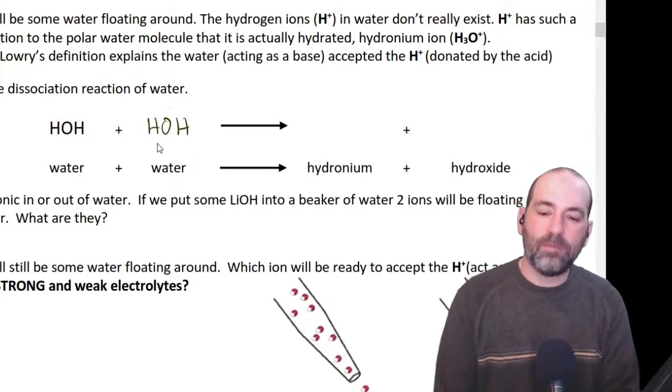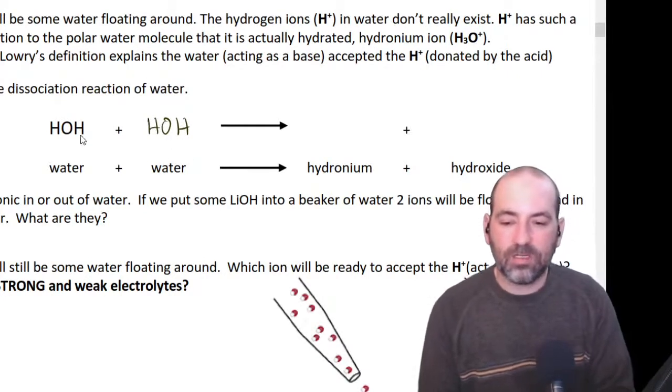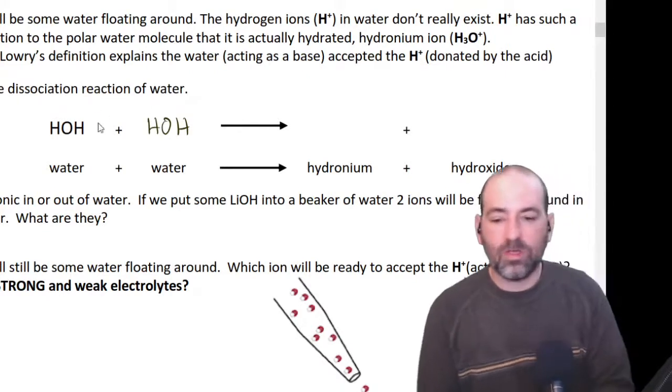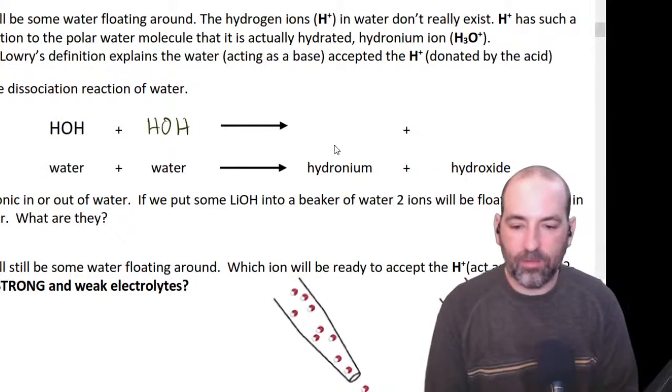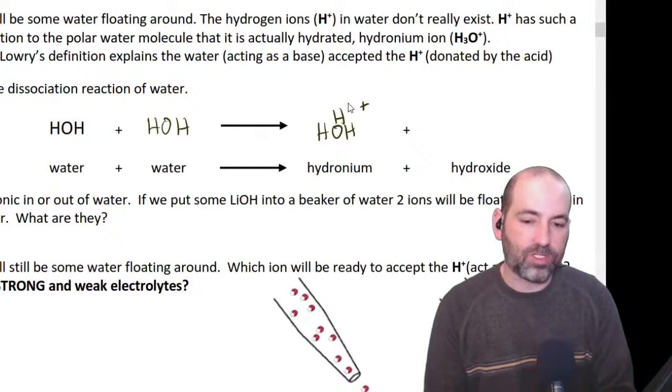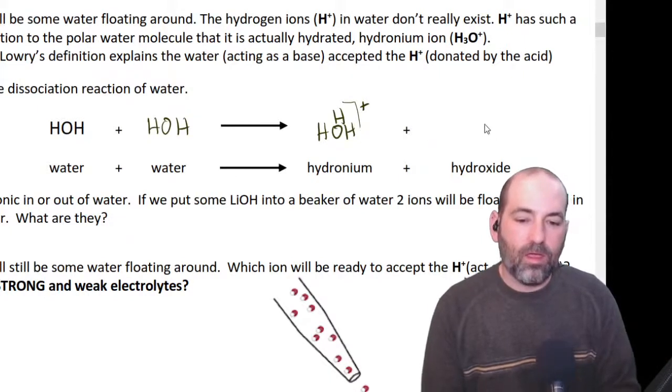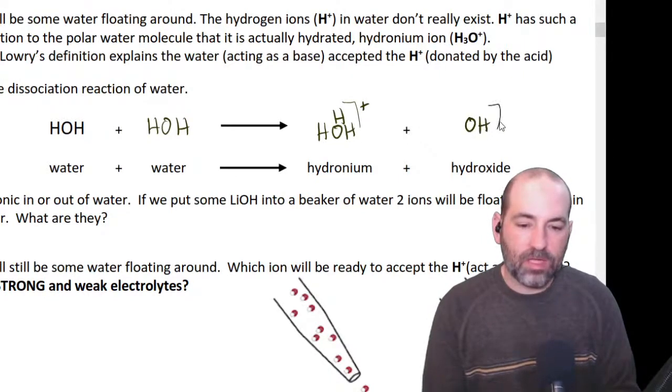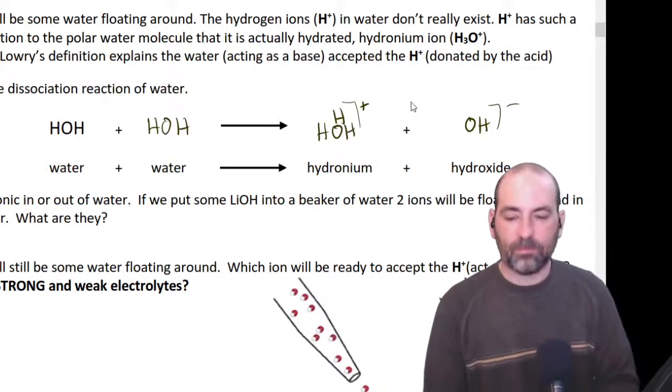Then one of those hydrogens can transfer to the other molecule, even though they're both water. And so we can make hydronium, H3O+, which has a positive overall charge, and hydroxide, OH-, which has a negative charge.